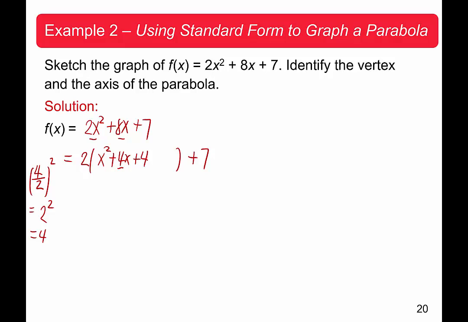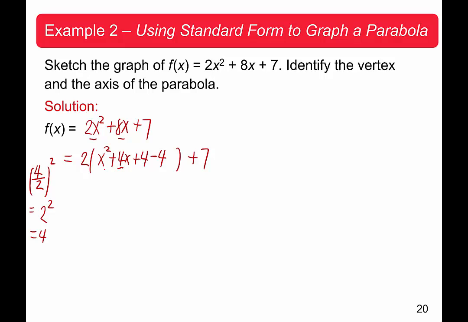Since we add 4, we have to subtract 4 to keep the balance. So this is a very important step. You cannot just add 4 to a function without compensating for that, or without eliminating the effect of that. So here the way we take care of that is subtracting 4 at the same time.